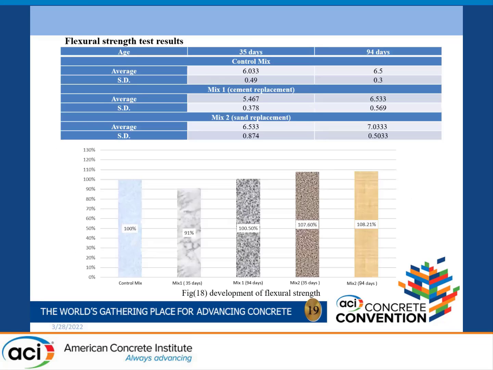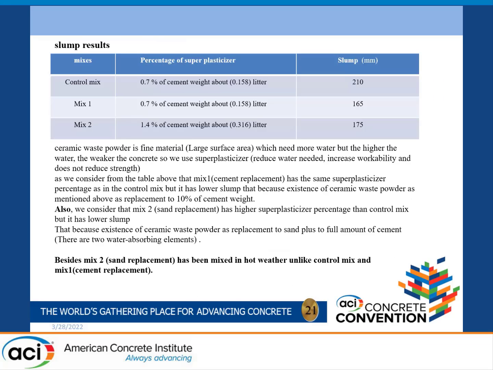For flexural strength, we did it also for 35 days and 94 days. For mixture one, cement replacement, it has no clear effect on flexural strength, but mix two gives us higher flexural strength because the flexural strength depends on the bond between cement and aggregate, and in mix two, ceramic waste powder helps with that.